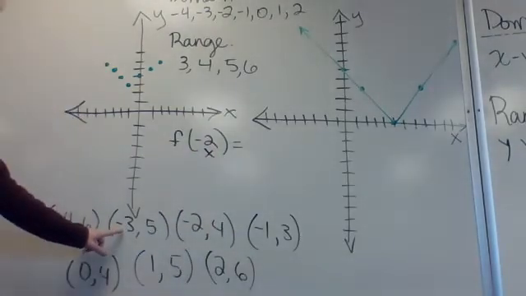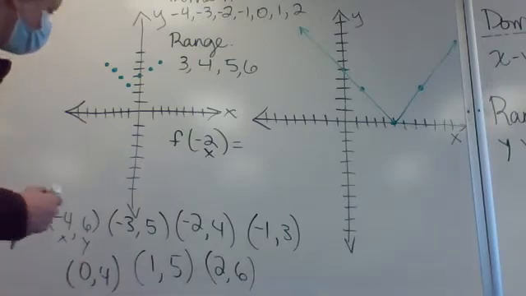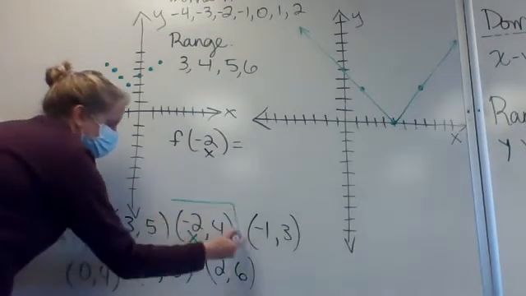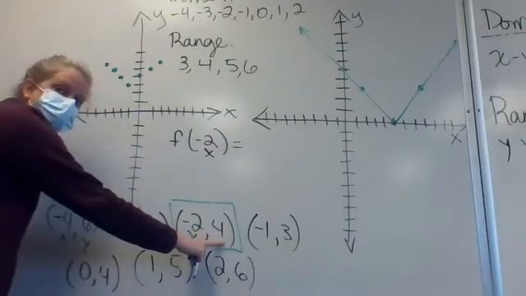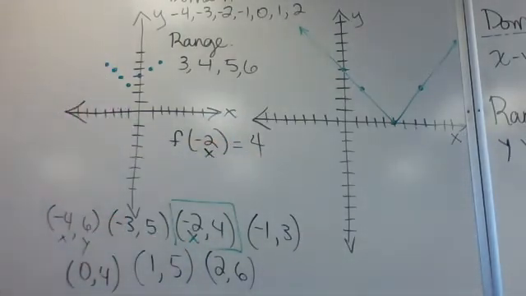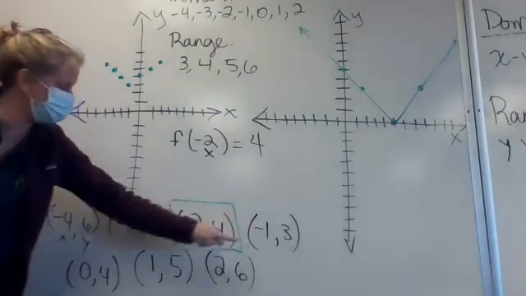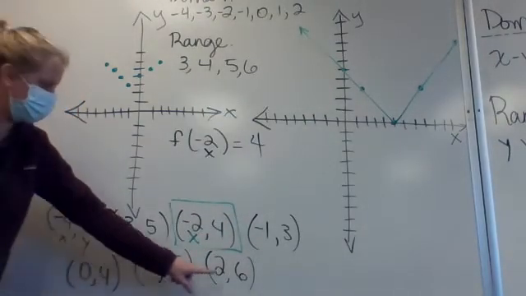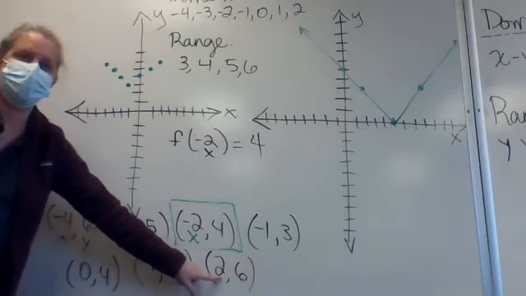So let's see, where is x -2? There's where x is -2. Its y is 4. So 4 is what the y is when x is -2. Now make sure there's no other -2 in the x spots, and there's not.